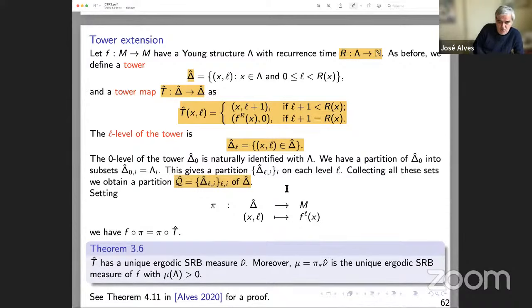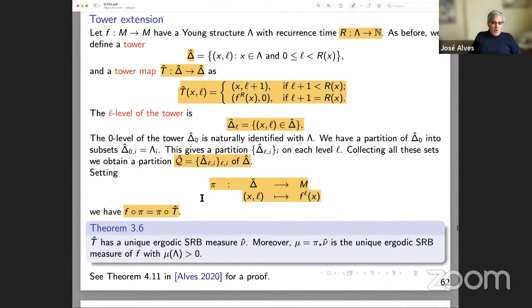I would call this global partition Q hat. And again, we define exactly the same projection from the tower to the ambient manifold. This is defined in the same way as before. And again, for the same reasons, it is a semi-conjugacy between this tower and the original dynamics.